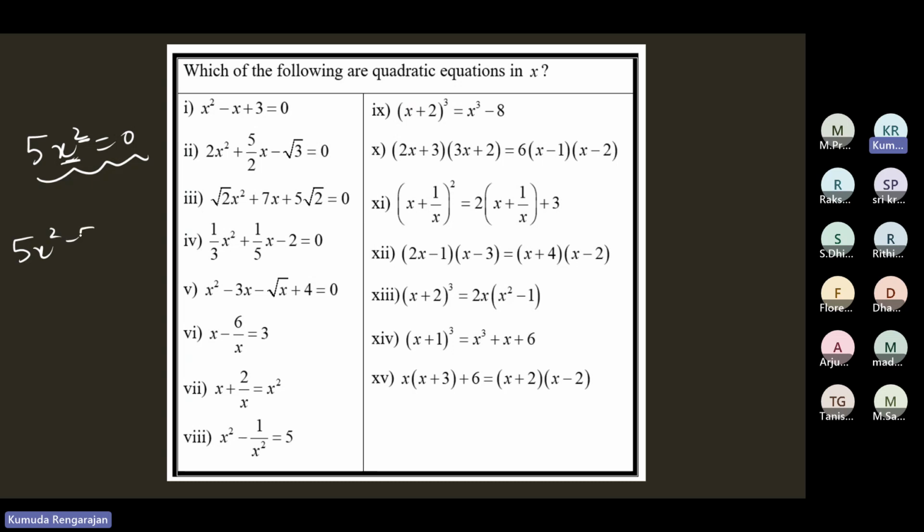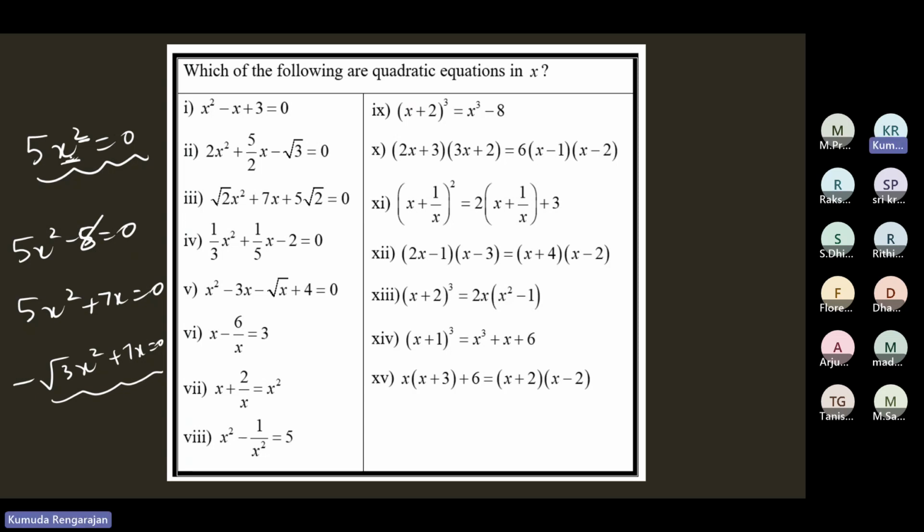5x squared minus 8 is equal to 0 is also a quadratic equation in one variable x. 5x squared plus 7x is equal to 0, or say minus root 3x squared plus 7x is equal to 0, is an example of a quadratic equation in one variable x.